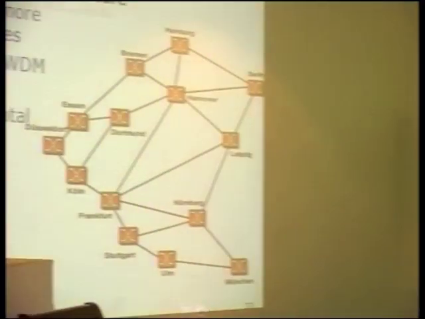Well, the add drop multiplexers were shown in a linear bus, but in reality, what is done is to have a complex network. This is a real network, the real backbone structure of Deutsche Telekom in Germany.